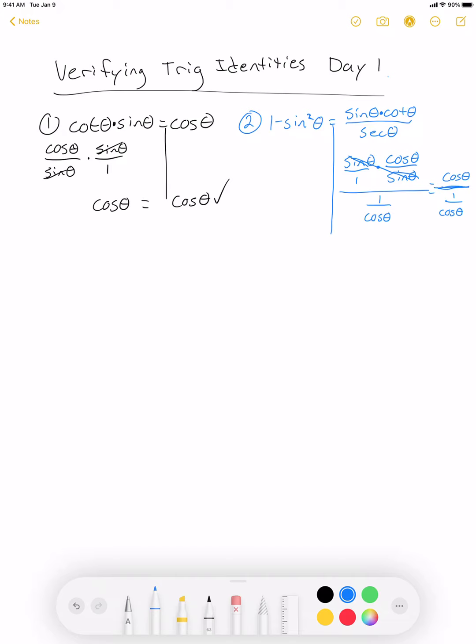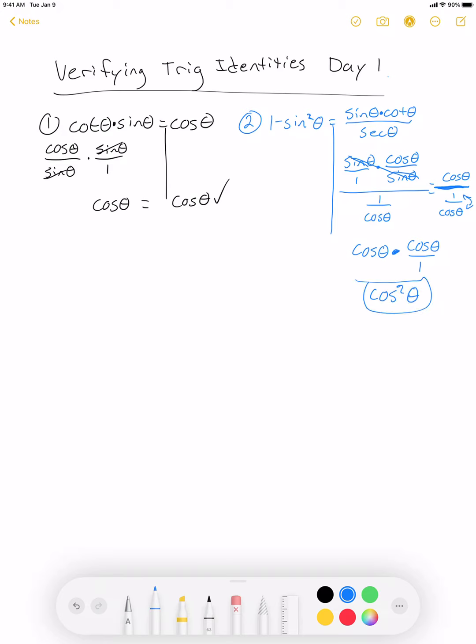Now we cannot divide by a fraction. Instead of dividing by a fraction, we can multiply by its reciprocal. And so if I have 1 over cosine, its reciprocal would be cosine over 1. Now what is cosine times cosine? Well, that is just cosine squared.